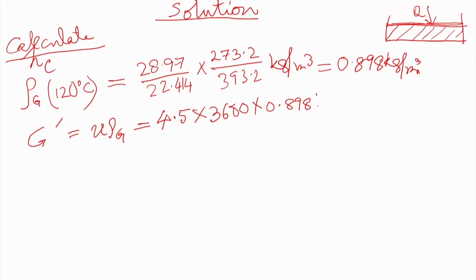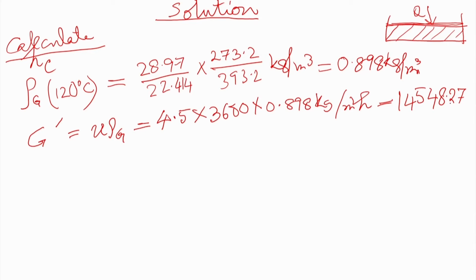So ultimately it will be in kg per meter square hour, and it comes out to be 14,548.27.